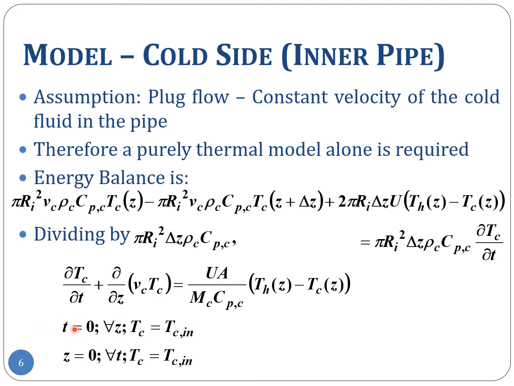Of course this is hypothetical at some level, you have to approximate somewhere. So initially, the idea is that everywhere along the inner pipe for all z, at time t equal to 0, the cold fluid is filled already before the heat transfer process starts, so initially the cold fluid is at the same temperature as the inlet temperature.